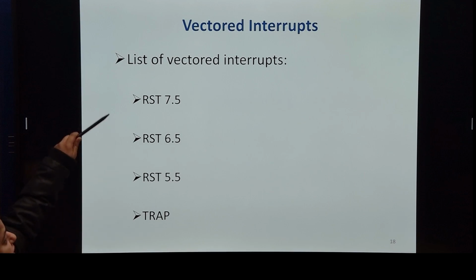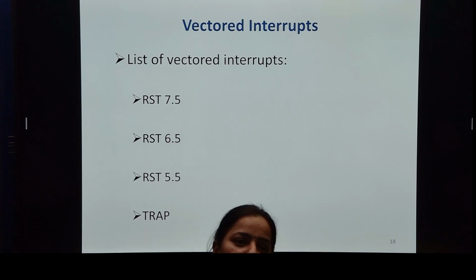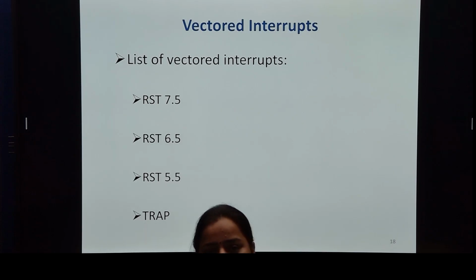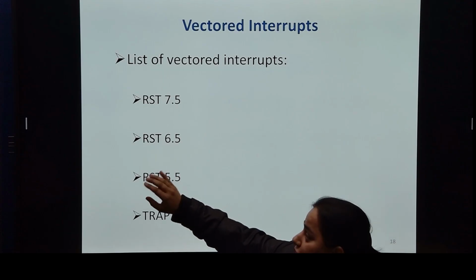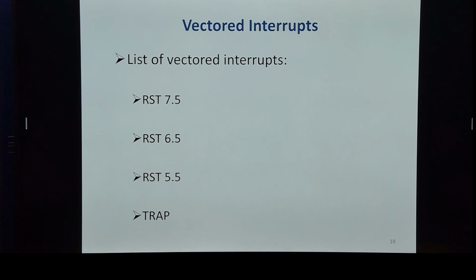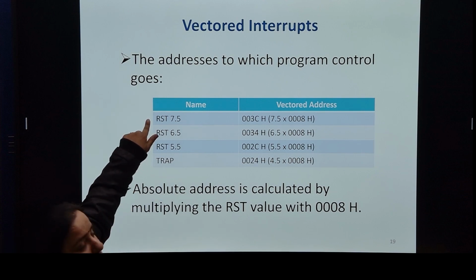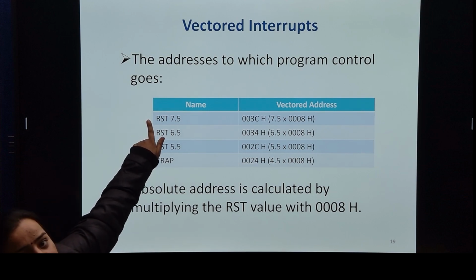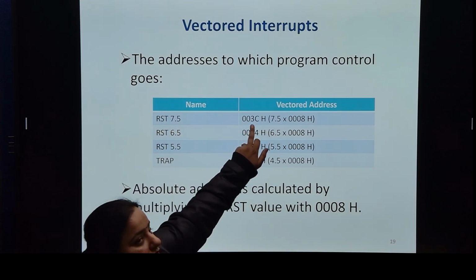These 4 interrupts have predefined locations. Whenever a peripheral device wants to transfer data or provides an interrupt, the microprocessor knows the location for that pin. For RST 7.5, the microprocessor will move to 003C.